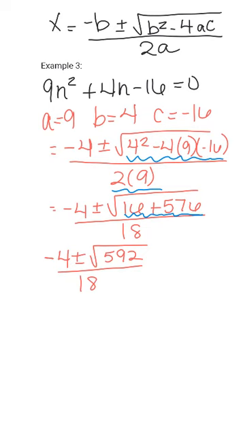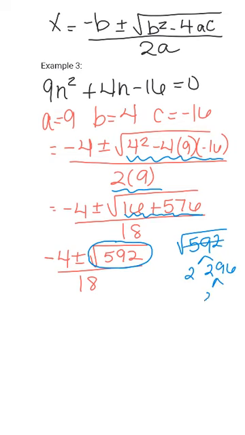Alright, so then you would come back and check and see if the square root of 592 simplifies, and it actually does. So square root of 592, since it's even, I know it can be divided by 2, so 592 divided by 2 is 296. 296 can be factored by 2. 296 divided by 2 is 148. 148 is also even, so I'll divide that by 2.